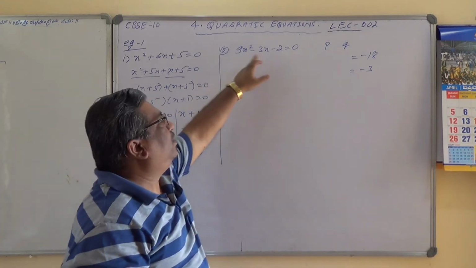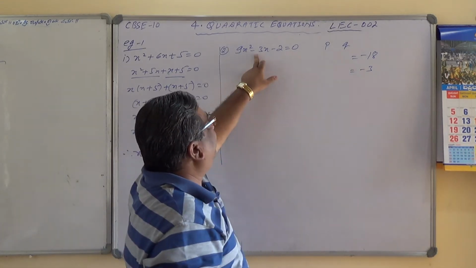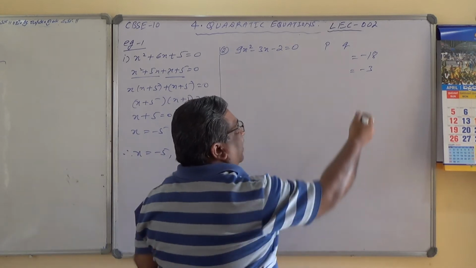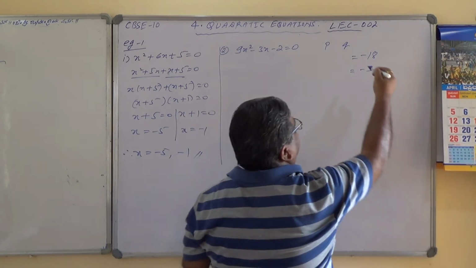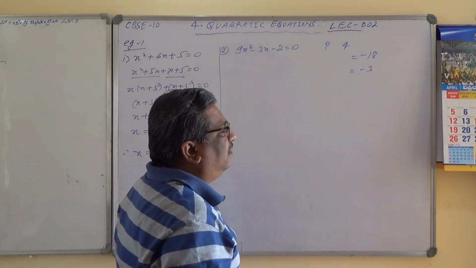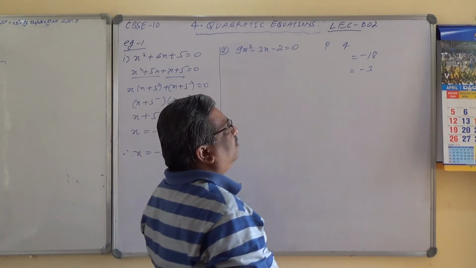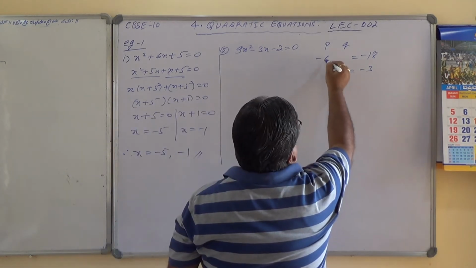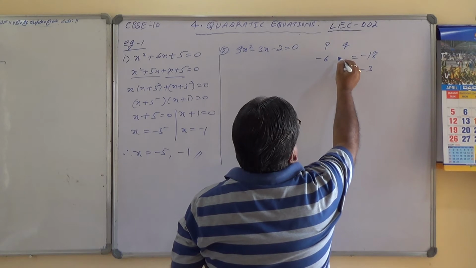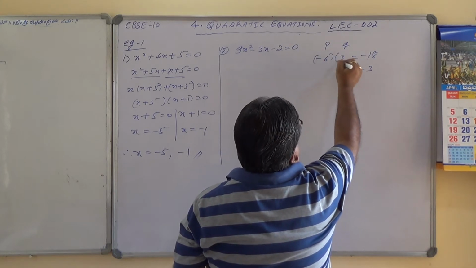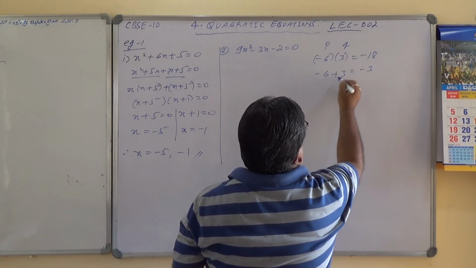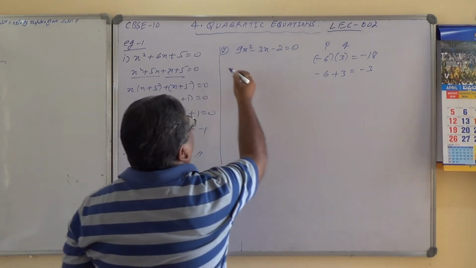So A into C is minus 18, B is minus 3. So factorize 18 here, which can be 6 into 3 possible. Minus 6 into 3 and minus 6 plus 3. Check it now, it's correct.